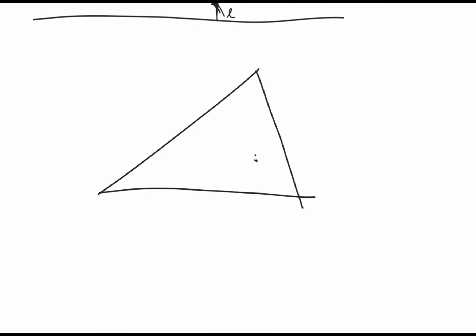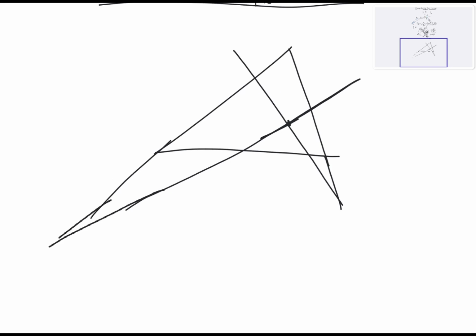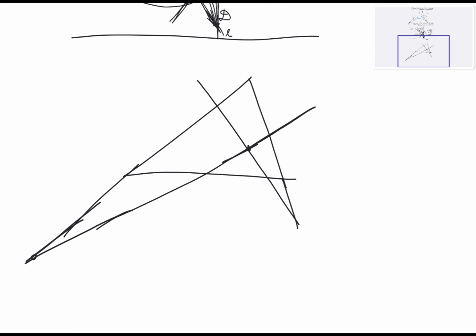So we have this orthocenter. We have two lines that are perpendicular to each other. We consider the reflections of the orthocenter and the reflections of the lines. So this line is L1 and this line is L2.